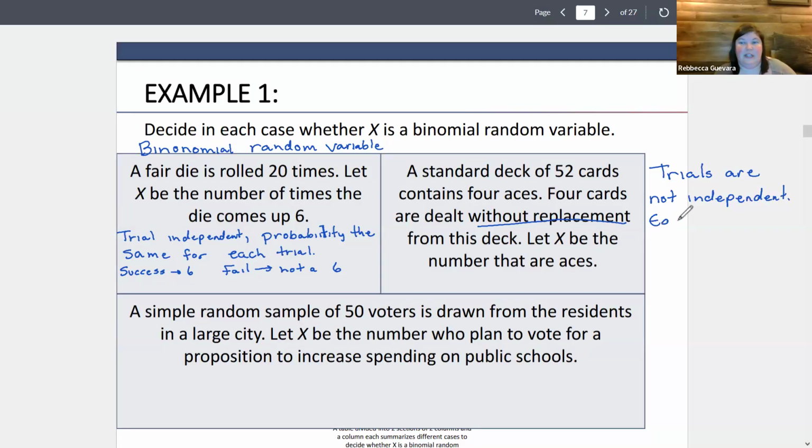What we're going to see here is that each draw affects the probability of the next draw. So this is not a binomial variable.